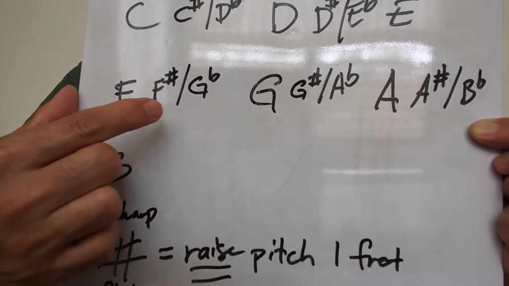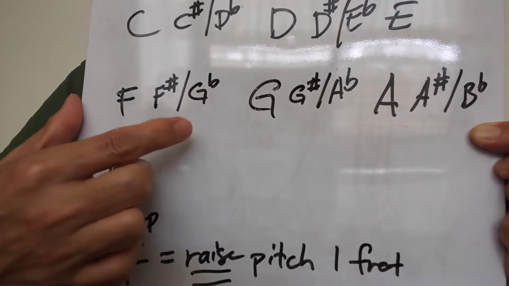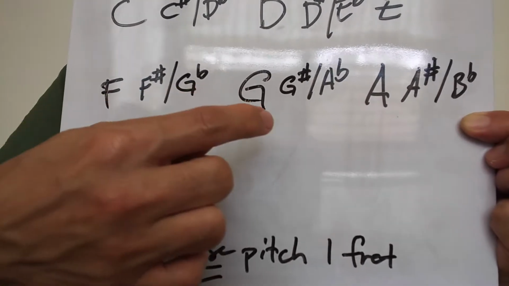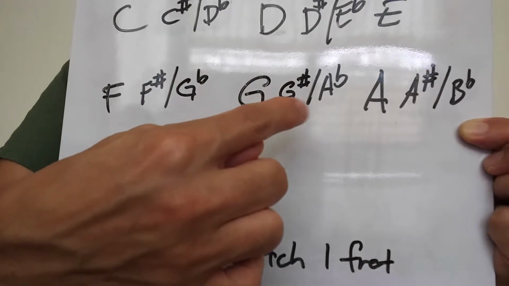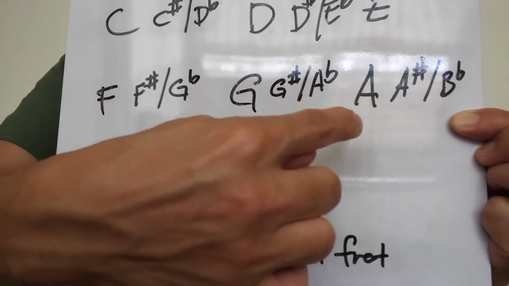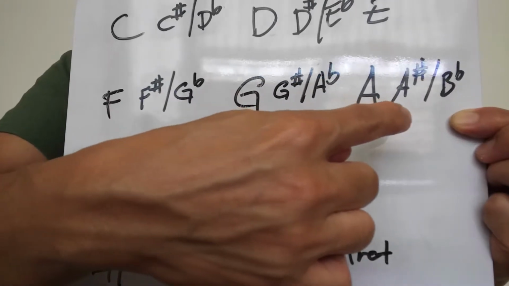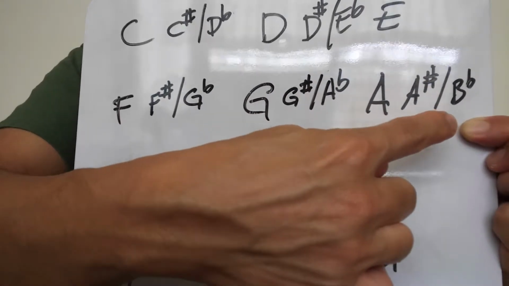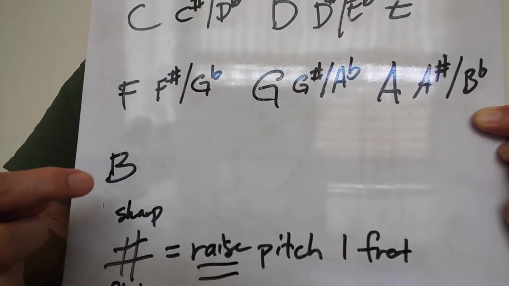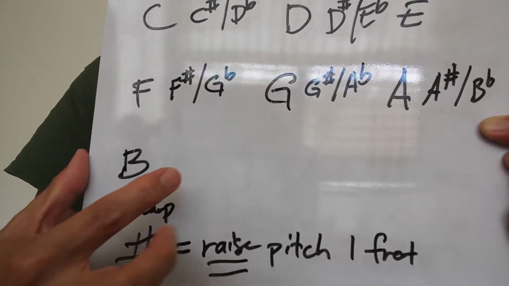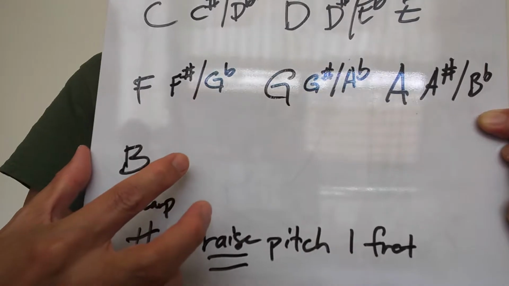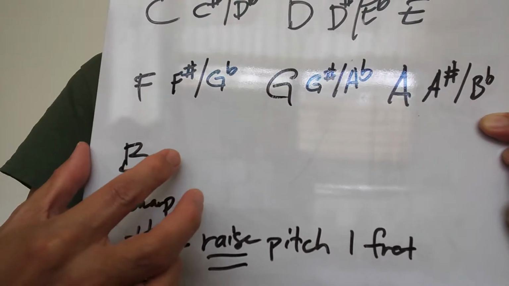From F, moving on, you go to the F sharp or G flat, then the G, then the G sharp or A flat, then the A, then the A sharp or B flat, then the B. Now from the B it starts all over again, going back up to the C.